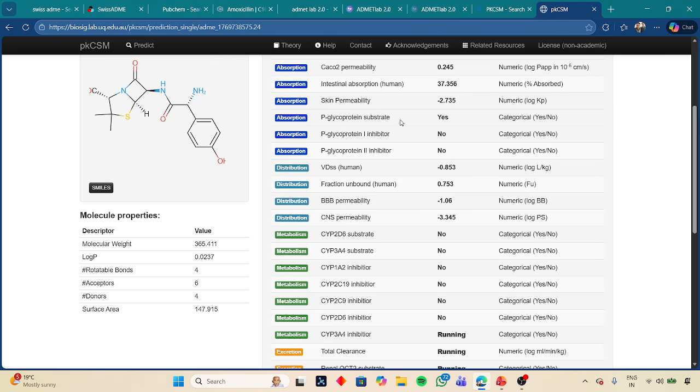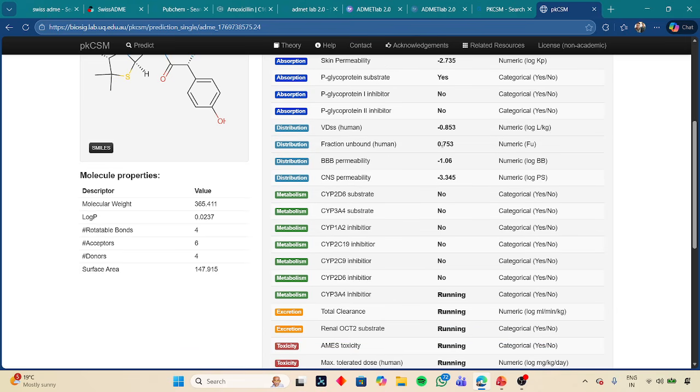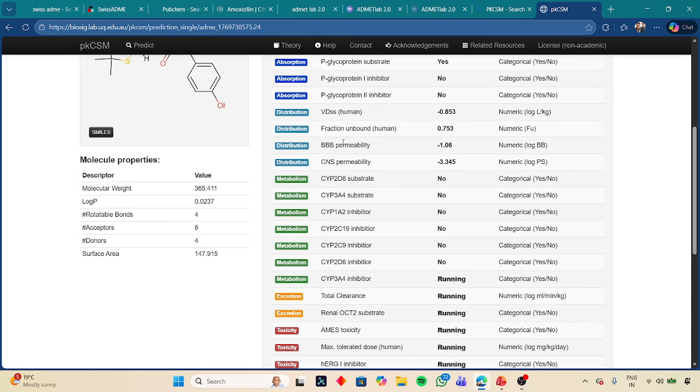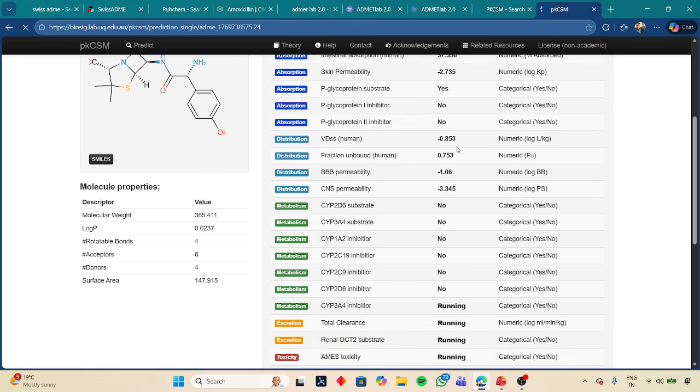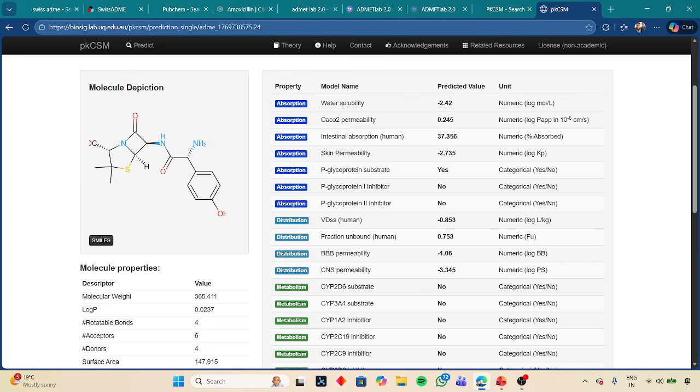Then P-glycoprotein substrate, yes. P-glycoprotein inhibitor, no. Then we have the blood-brain barrier permeability. It does not have much blood-brain permeability. So this water solubility to P-glycoprotein inhibitor comes under the class of absorption.